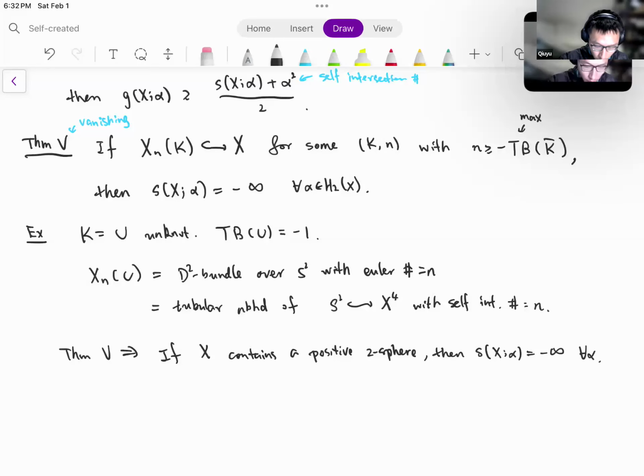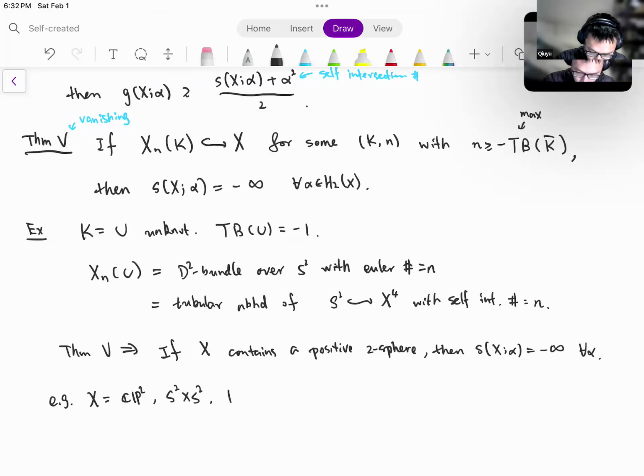Okay. Well, in particular, we know many interesting four-manifolds with a positive two-sphere like this. For example, X can be CP^2. The core CP^1 is a two-sphere with self-intersection 1. And for example, we have S^2 times S^2, because if you take the horizontal S^2 and the vertical S^2, and tube them up appropriately, you will get a two-sphere with self-intersection 2.